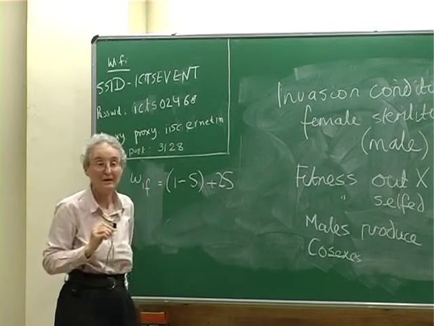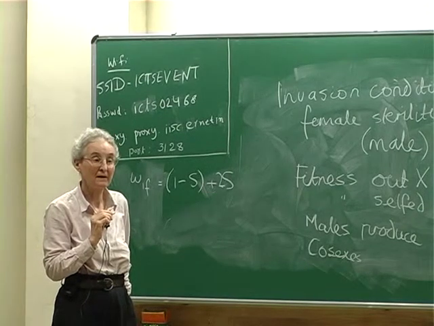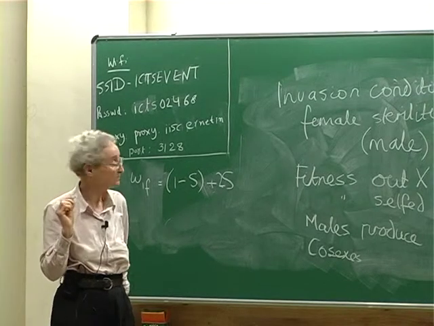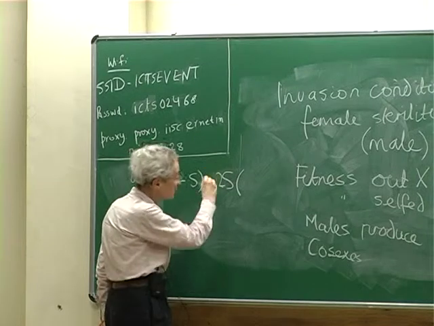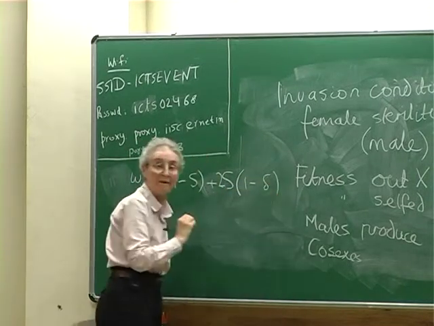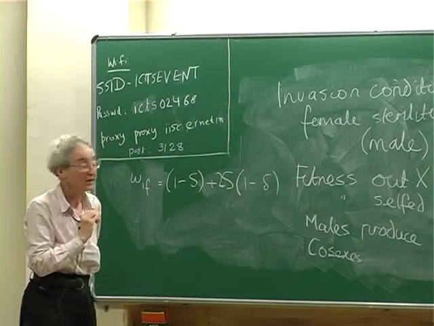And is that all? Are we going to count 2S? Anything else? Yes, we need to downweight those. We need to discount them because some of them have suffered some inbreeding depression. So we have that. That's right.